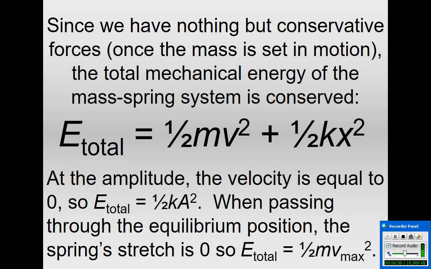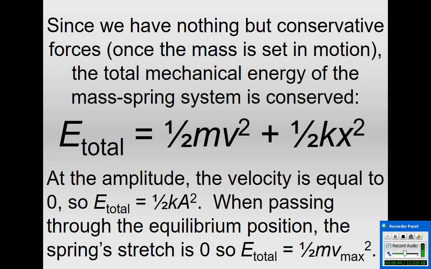If the displacement from equilibrium is 0, then all of the energy is in the form of kinetic energy. The object has its fastest speed, v max, and we can say that the total energy equals 1/2 m v max squared. So we have these three expressions for the total energy.